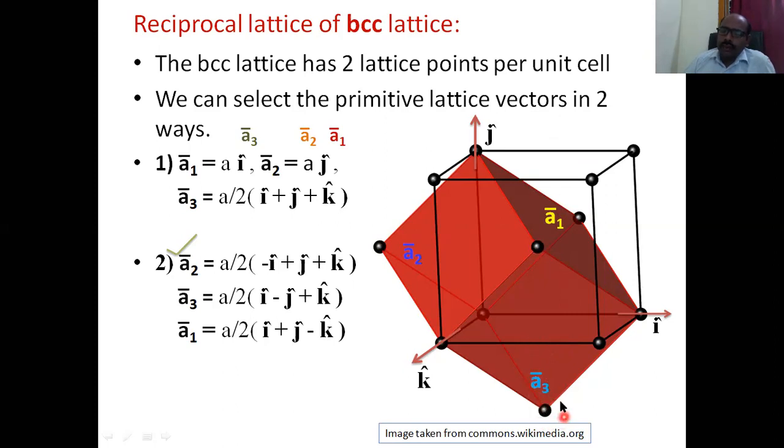This lattice point is the body center point of a cube which is below our considered cube. So if we take this corner point, we are taking the body center points adjacent to this.